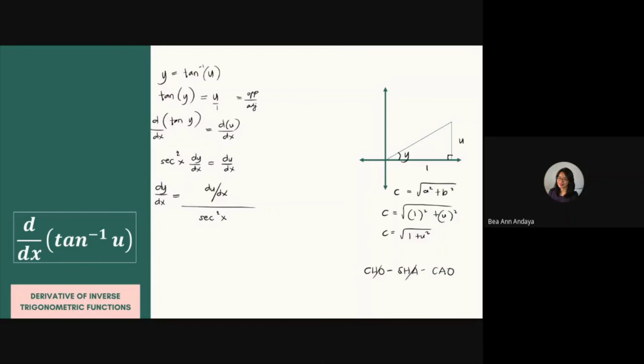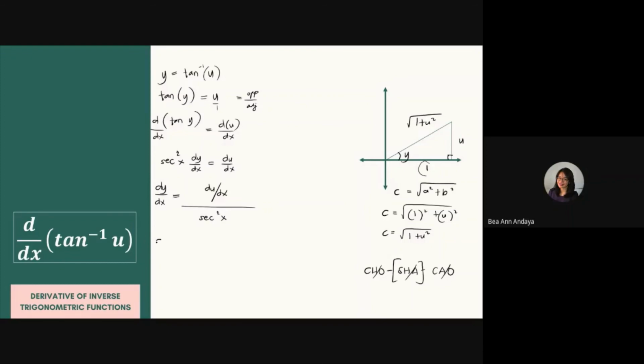And if we have the CAH, that's the cotangent is equal to the adjacent side divided by the opposite side. So we are concerned with SHA because we have the secant as our trigonometric function. So according to SHA, we have the hypotenuse side divided by adjacent side. So if our hypotenuse side is the square root of 1 plus u squared, you have to divide that by the adjacent side. So basically, 1 lang iyan.